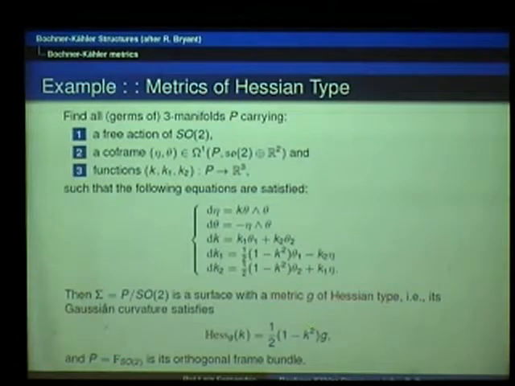So the Gaussian curvature has Hessian proportional to the metric. And this is an if and only if. So any surface with a metric which satisfies this equation, which we call a metric of Hessian type, will arise from solving this. So this is exactly the same flavor as before. We have to find a manifold with a free action, a coframe, and some functions satisfying this kind of system. All right?